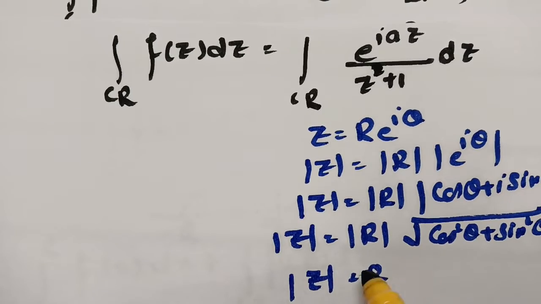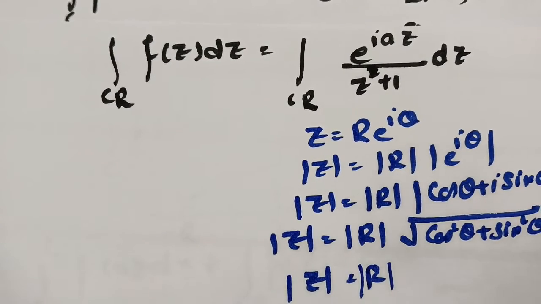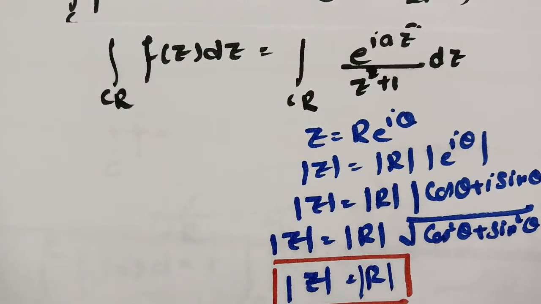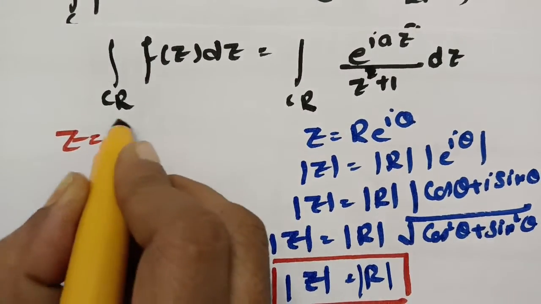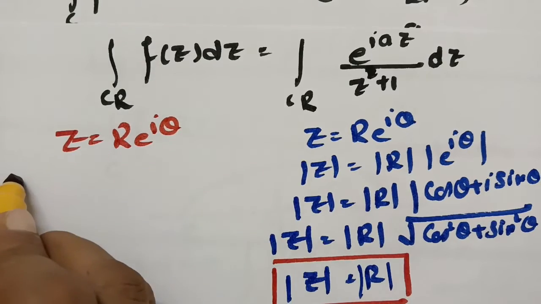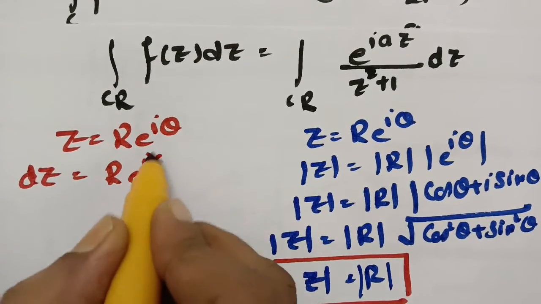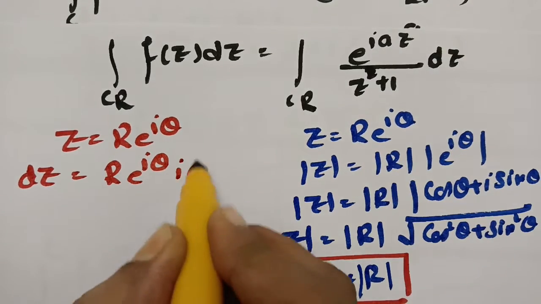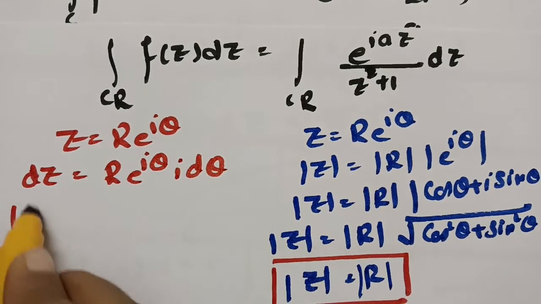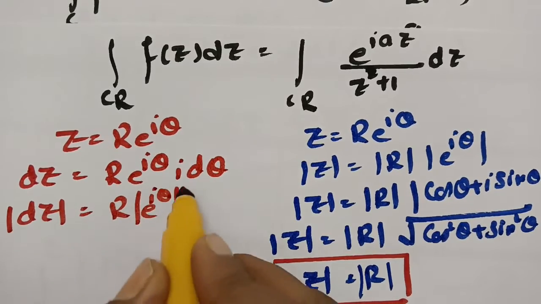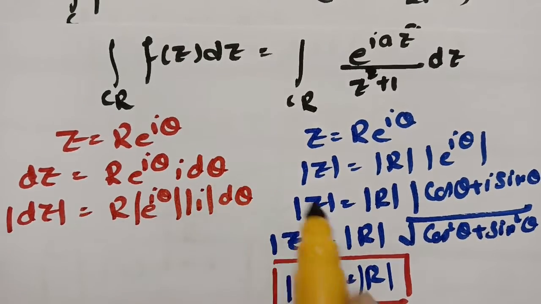Please remember this one. The next thing I need is the dz value. As you know, z is again r e to the power i theta, so dz, the derivative of e to the power i theta, is again e to the power i theta times i d theta. Now if I apply modulus, this will be r e to the power i theta, and mod i into d theta.